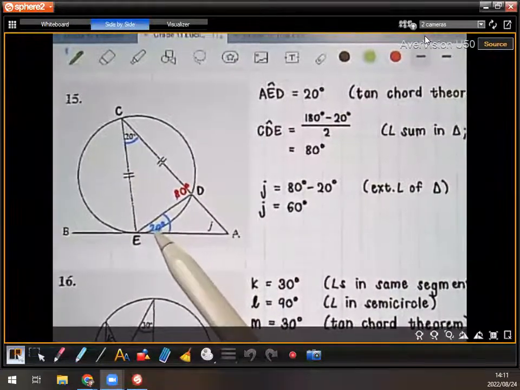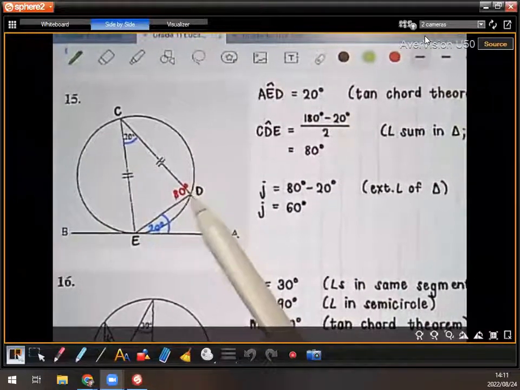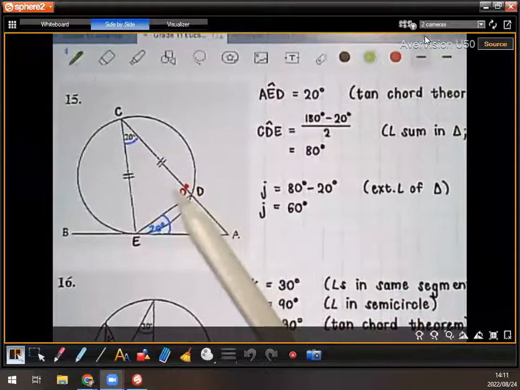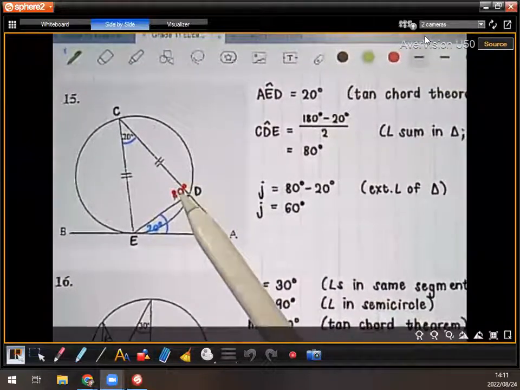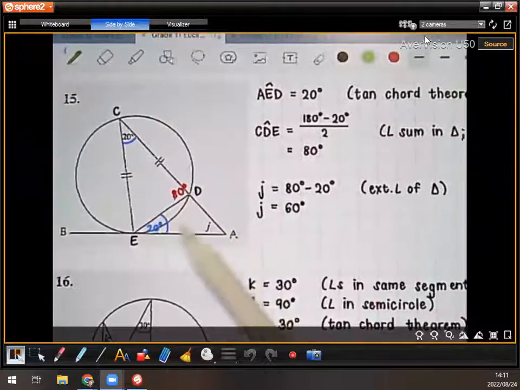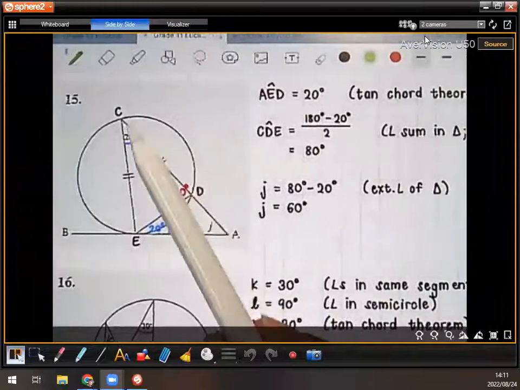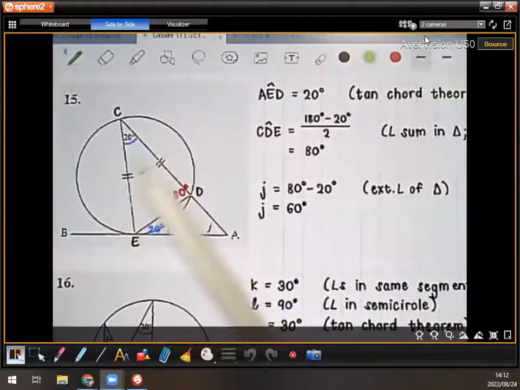And then I thought to myself, okay, I need to find J, I have that one now. How can I maybe find this angle, which is the exterior angle of that triangle? Remember, yesterday we spoke about this quite a lot. The exterior angle of a triangle is equal to the sum of the opposite interior angles. This is an isosceles triangle here. They told us that those two sides are equal.